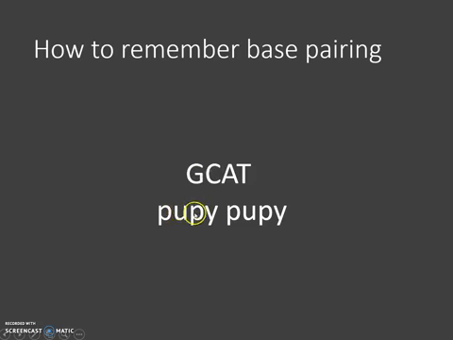Cytosine is a pyrimidine, which starts with PY. Adenine is a purine, which starts with PU. And thymine is a pyrimidine, which starts with PY. So once again, GCAT means that guanine always binds with cytosine, and adenine always pairs up with thymine. And guanine is a purine, cytosine is a pyrimidine, adenine is a purine, and thymine is a pyrimidine.